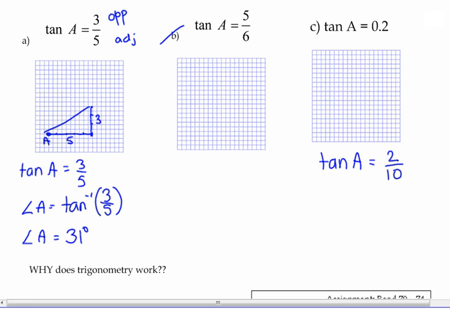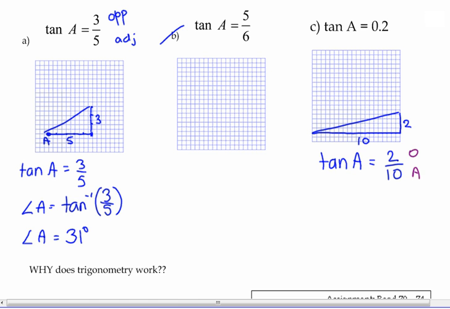I'm going to use 2 over 10 because I know this is 20 boxes total. So if I use every 2, that would be 10 across. Right? Again, 2 is opposite and 10 is adjacent. So up 2.